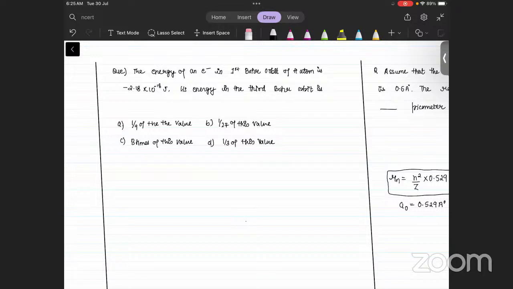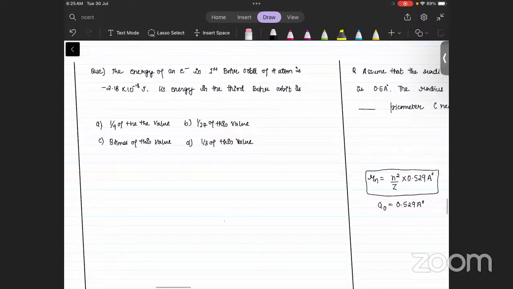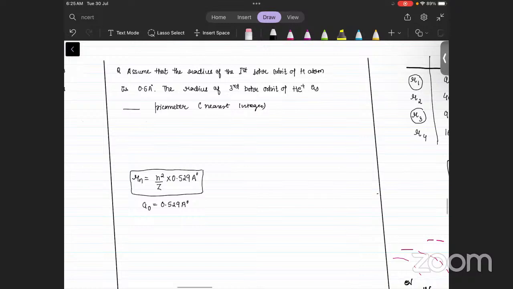Those who were not there, you can take a screenshot and try this question, where they were asking about the energy of an electron in the first Bohr orbit of the H atom, and its energy in the third Bohr orbit. Now, those who were in the class, tell me the answer to this question: assume the radius of the first Bohr orbit of the H atom is 0.529 angstrom.